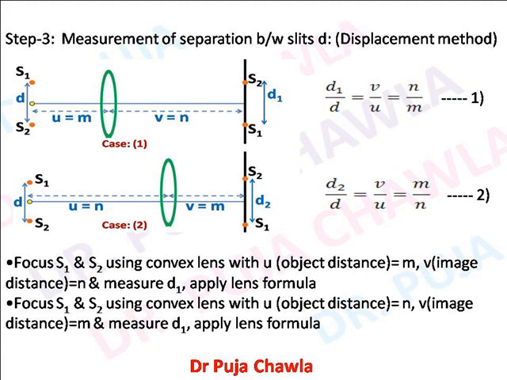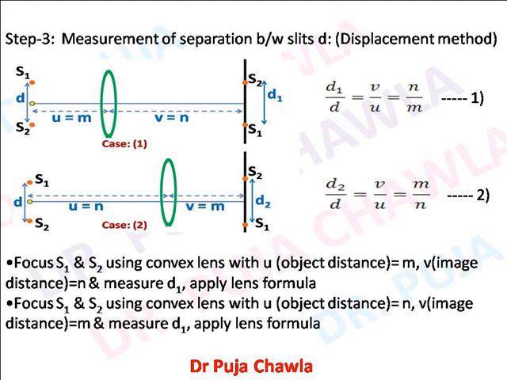Now we will measure small d using the displacement method. Our experiment is the Fresnel Biprism experiment. If you remember the last video, we have a source and we proved that the source produces two coherent sources of light. These two coherent sources are S1 and S2, two virtual coherent sources.